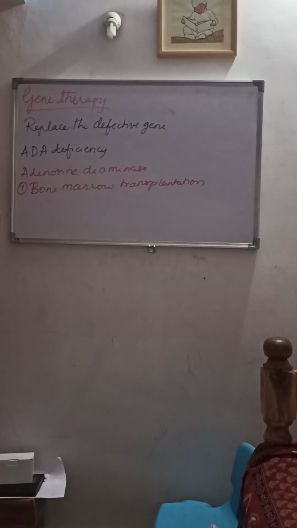The bone marrow plays a great role in the body, as it is the one which produces RBCs. So bone marrow transplantation is one such method to overcome ADA deficiency.